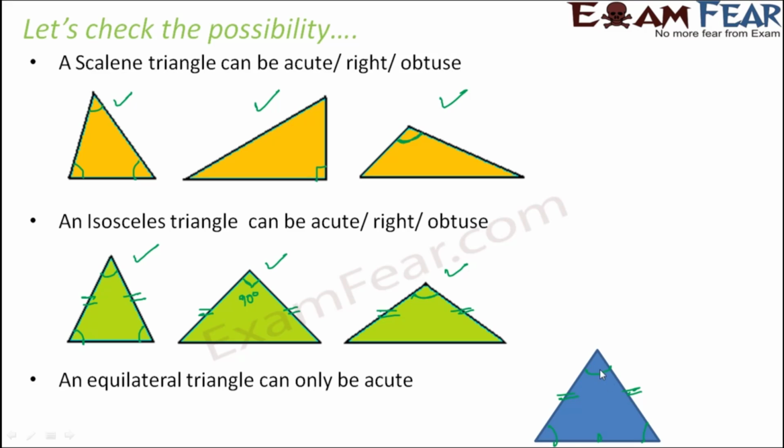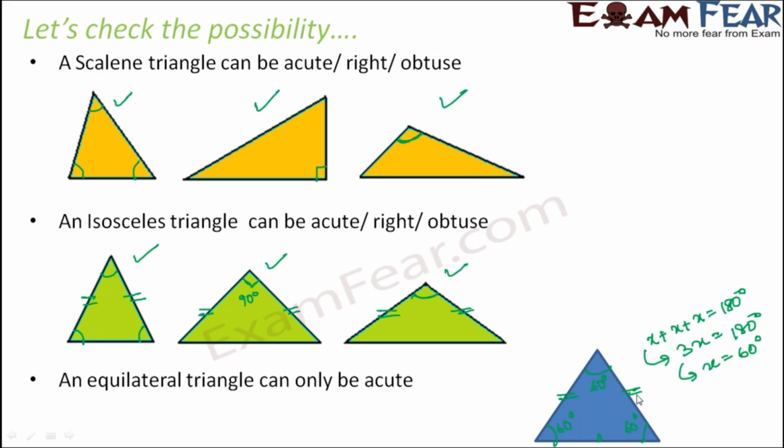So when all the three angles are equal, let us say that the value of each angle is x. So x plus x plus x should be equal to 180 degrees. So from this we can say that 3x is 180 degrees, or we can say x is equal to 60 degrees. That means the value of each angle in an equilateral triangle is 60 degrees.